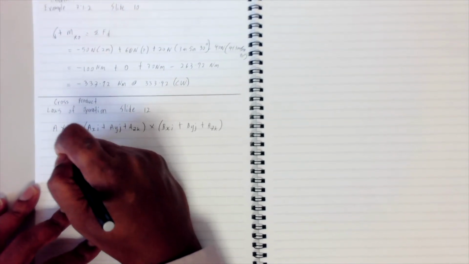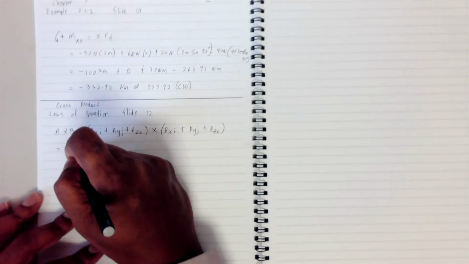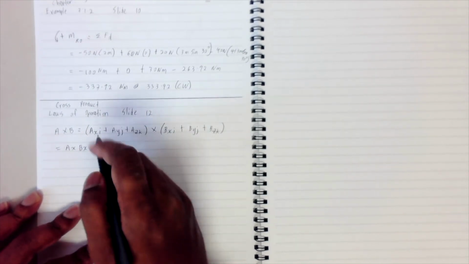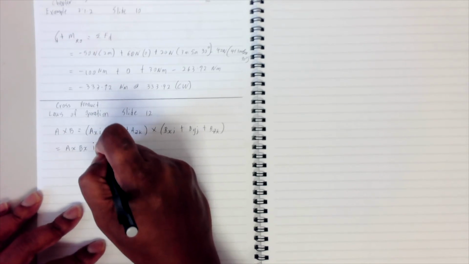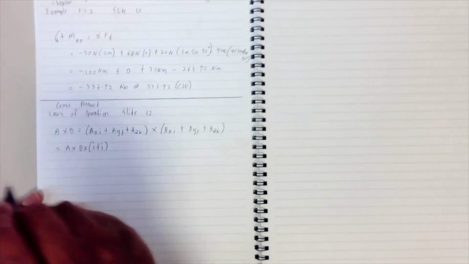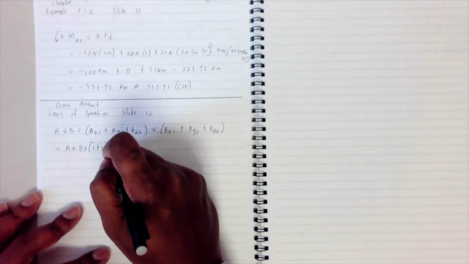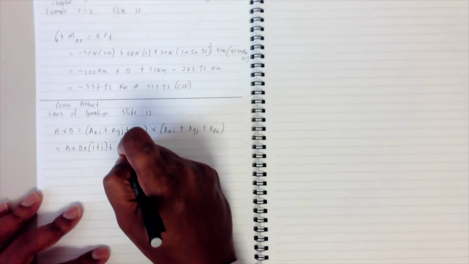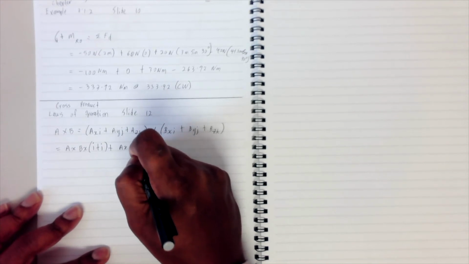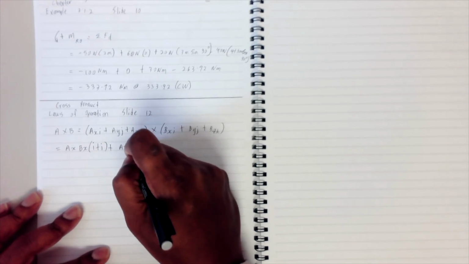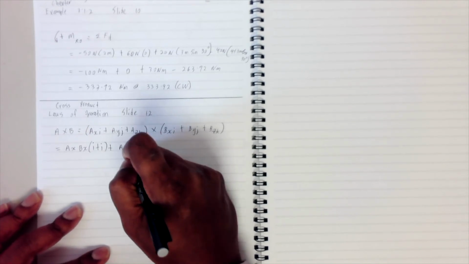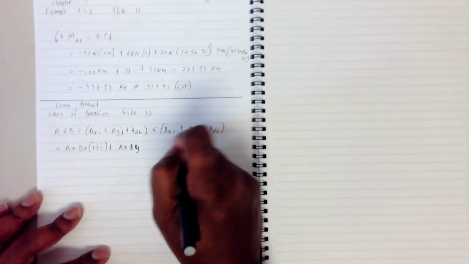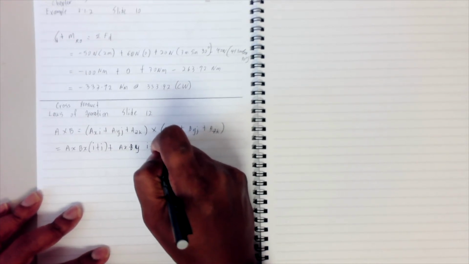Here, a_x times b_x, so i times i, and then plus a_x times b_y, which is i times j.